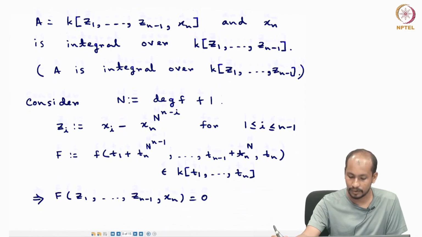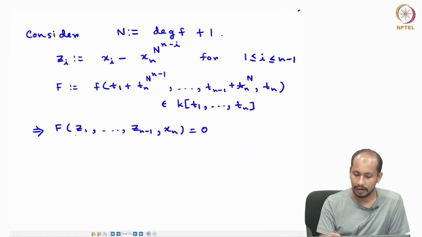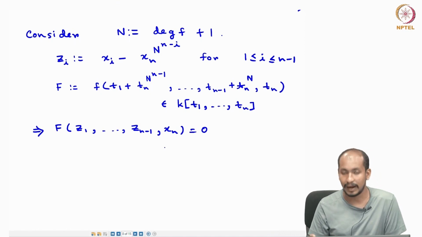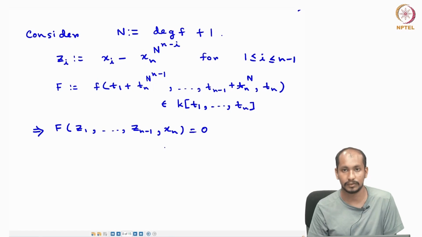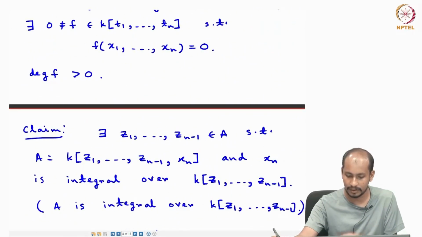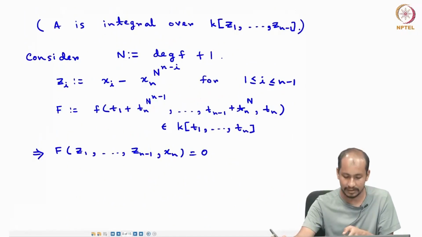So from there it follows that this capital F, when we evaluate at z1 up to zn minus 1 and xn, is equal to 0. This is easy, it just follows from how we define this capital F.